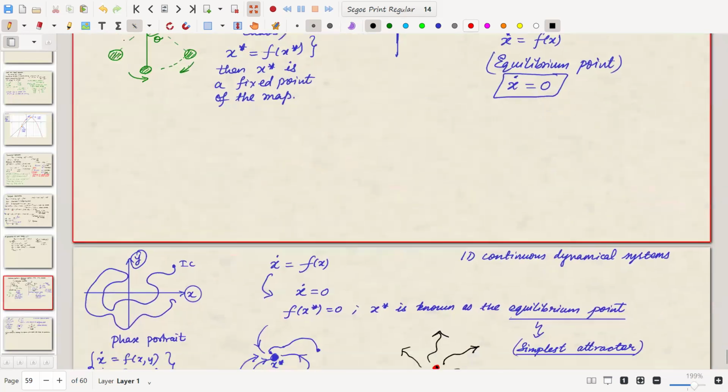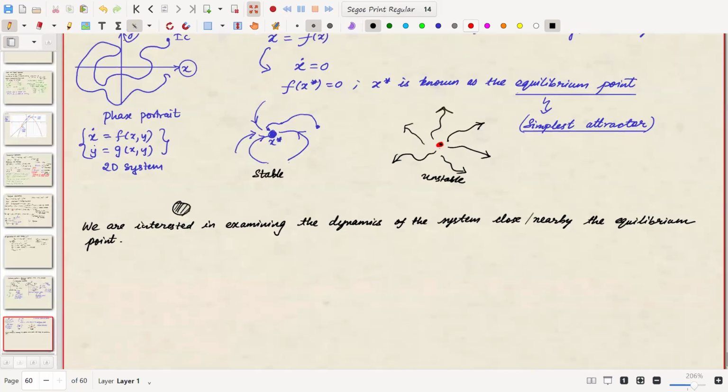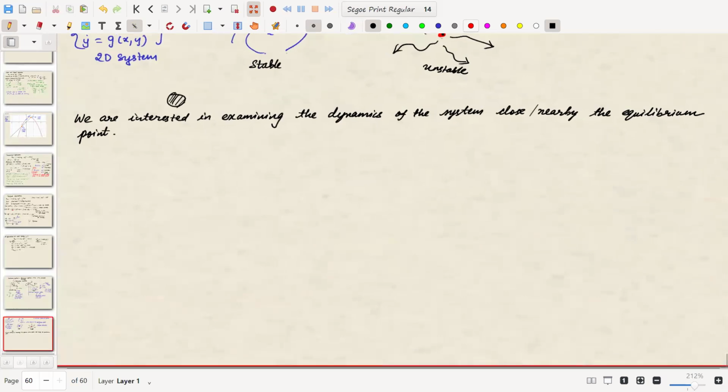How do we do it? This is the philosophical way of saying it, but how can we actually implement this on paper? How can we actually compute it?